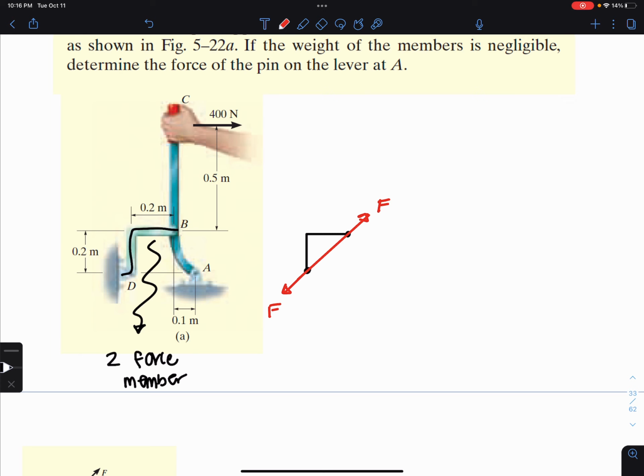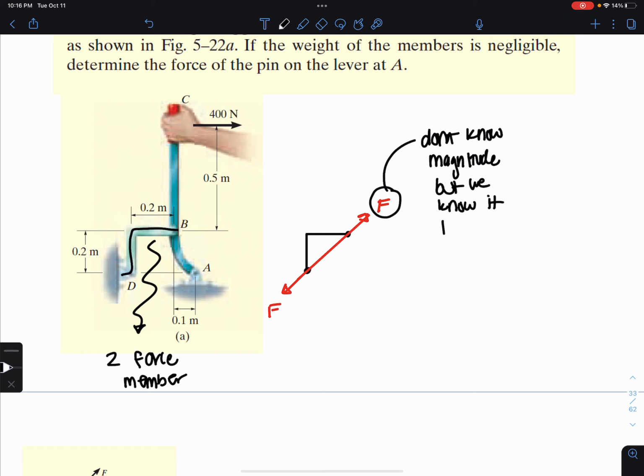The magnitude of F is unknown, but we do know the line of action passes through line BD.